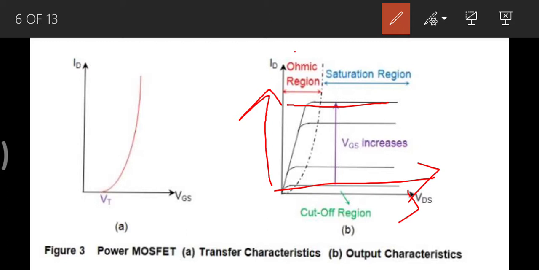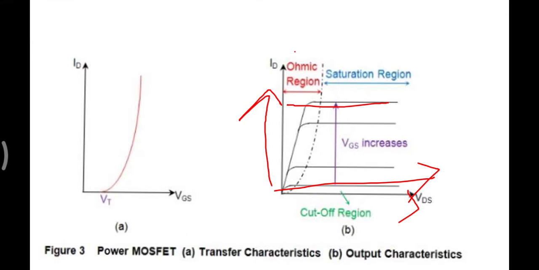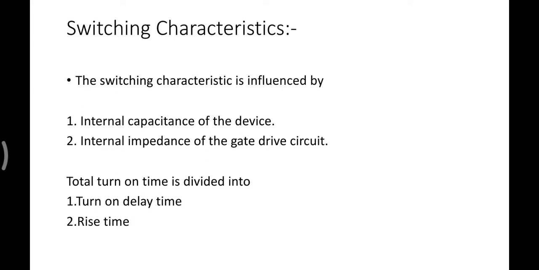That is called the saturation region. So this is about the VI characteristics, or output characteristics, of the MOSFET.